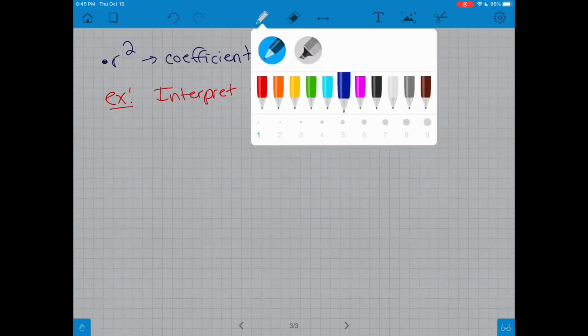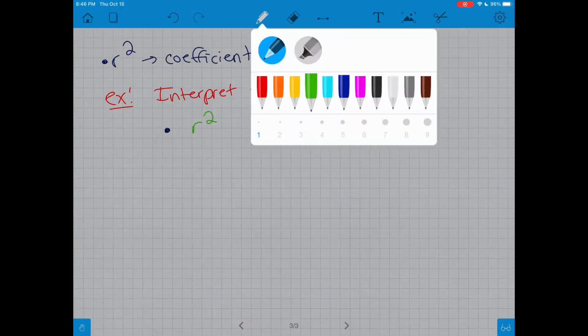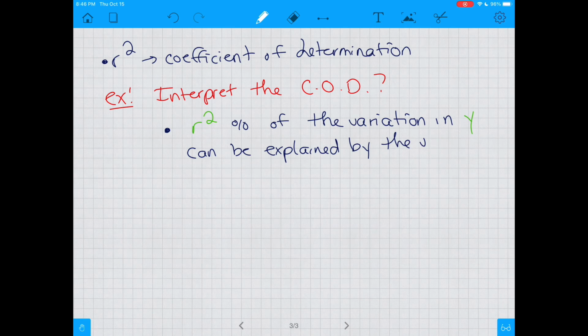Every single time we are going to say: R squared percent of the variation in Y, fill in the blank, can be explained by the variation in, again, fill in the blank, X.